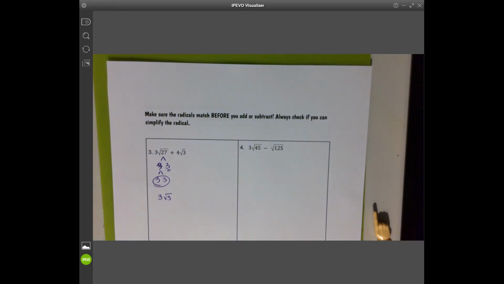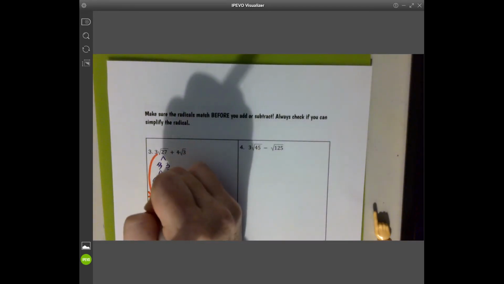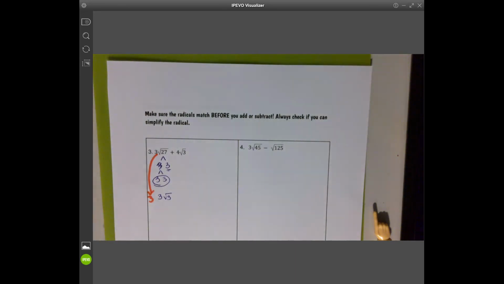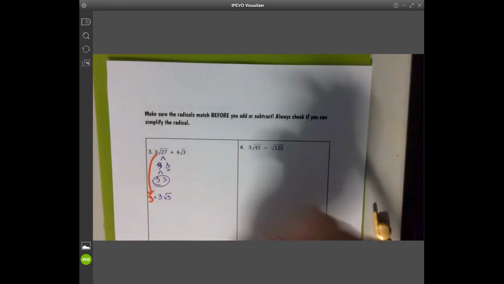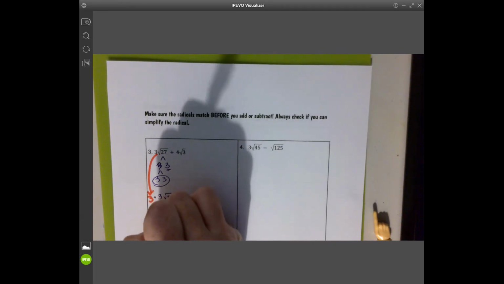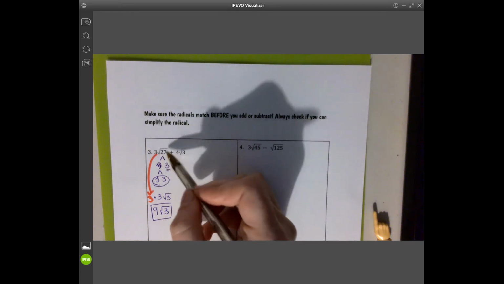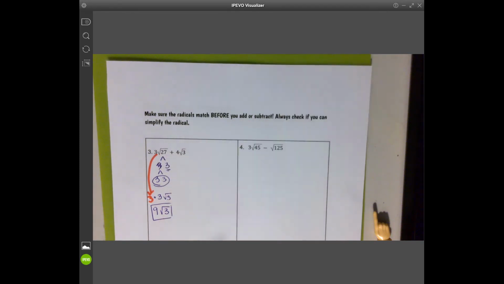Now, there's a 3 on the outside like there was in the previous problem, so we bring that down. And now we have an extra step of multiplication. So 3 times 3 is 9 square root of 3. Okay, so that is taking 3 square root of 27 and simplifying it.